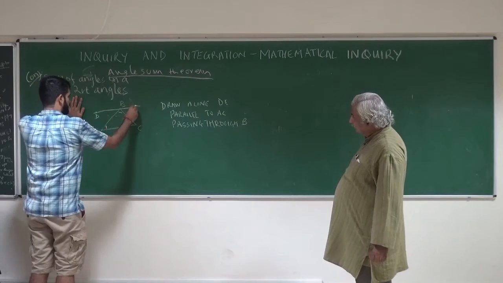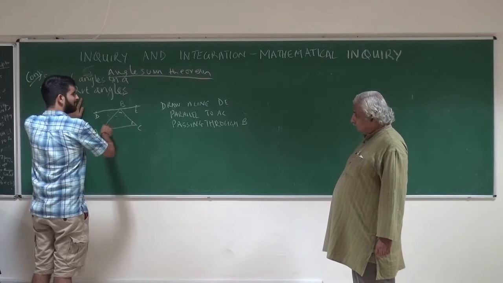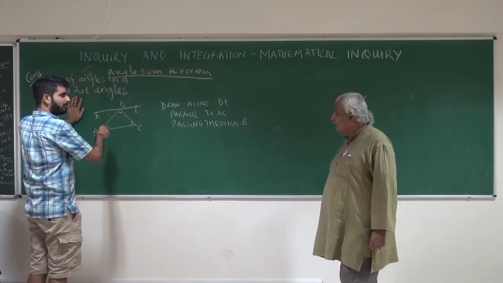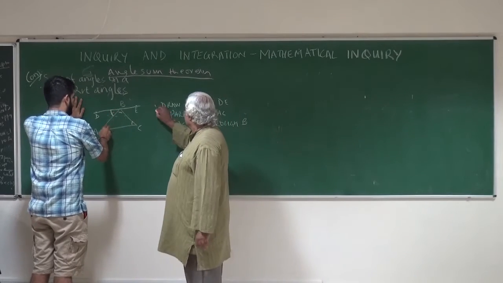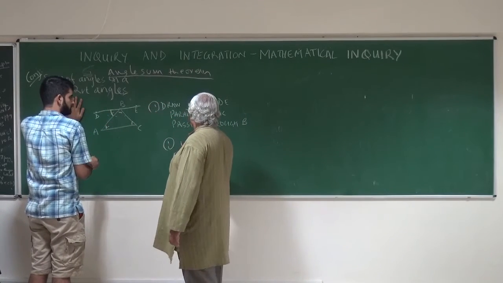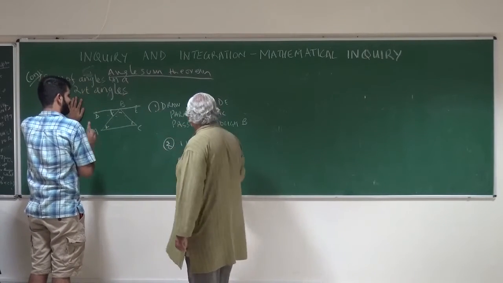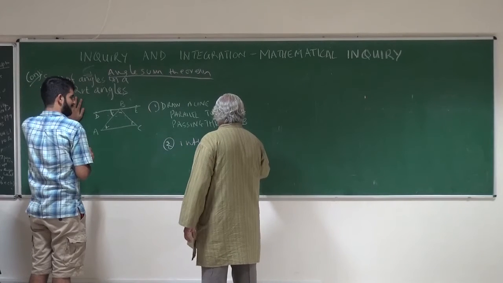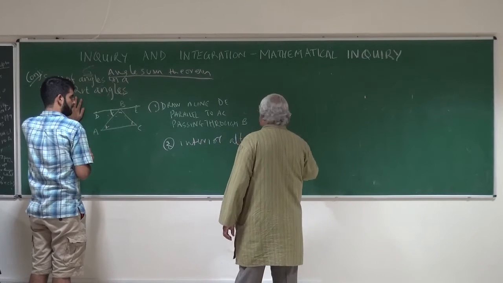So this is now parallel to this, right? So we know by the alternate interior angle property that this angle equals this angle. Alternate interior angles.